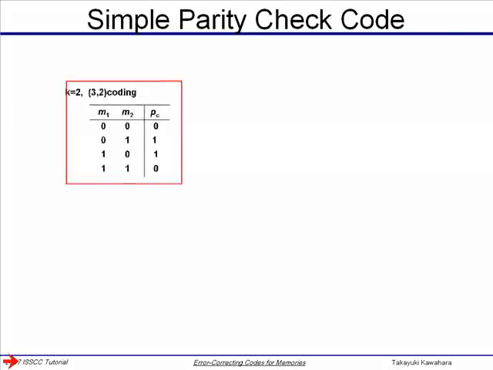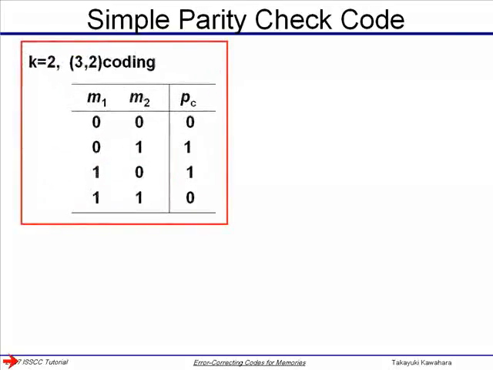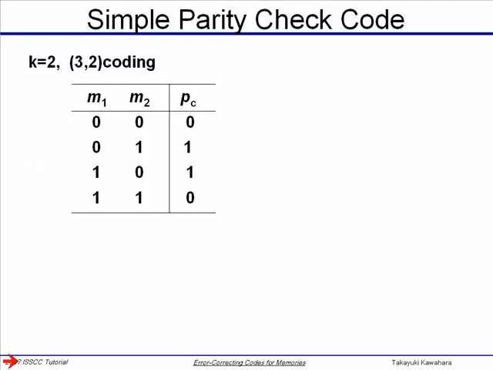Okay, I'm familiar with the (3,2) coding. So the elements are only two message bits and one check bit. This is the same as writing in a matrix format. That means M1, M2, PC.